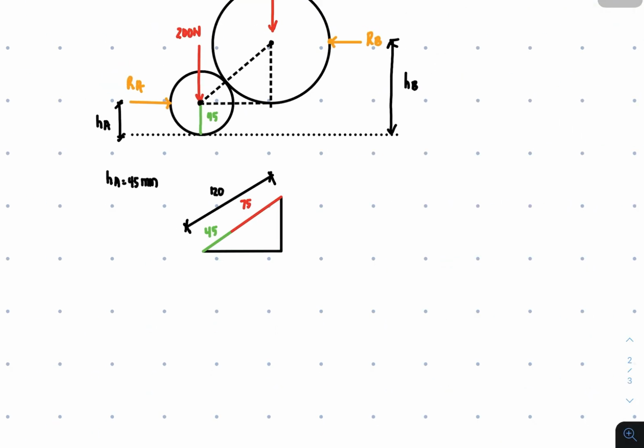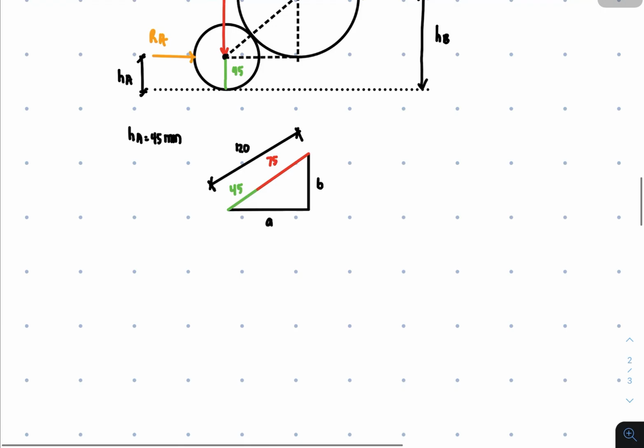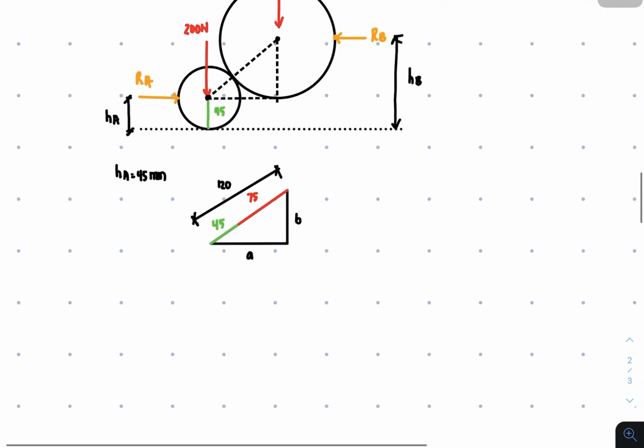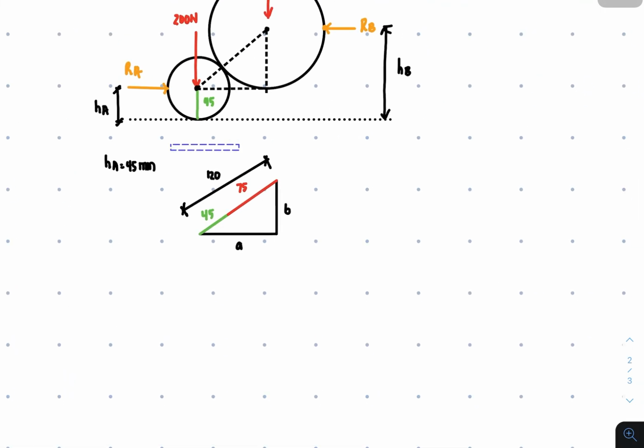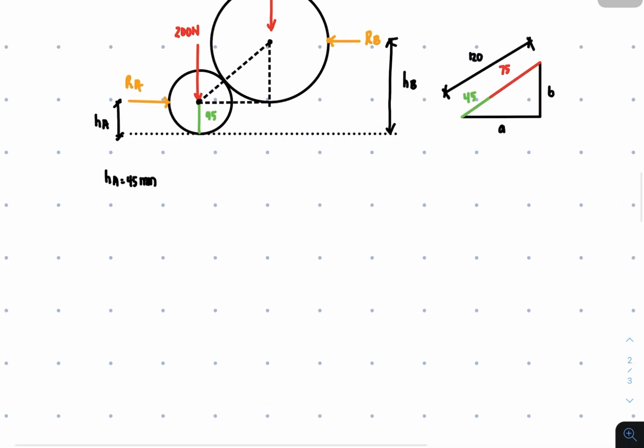Okay, how about this distance? Let's call this distance A, and let's call this small letter distance B. So what is distance A and what is distance B? Let's investigate.